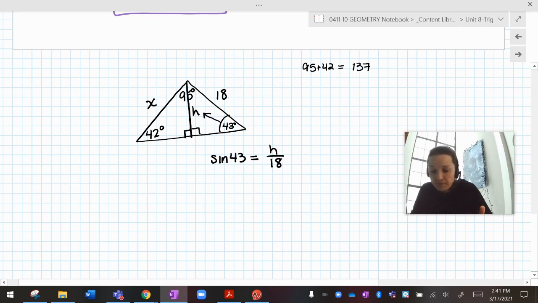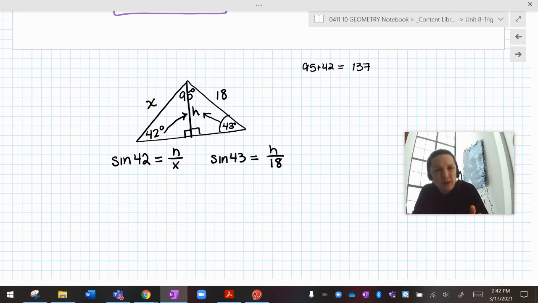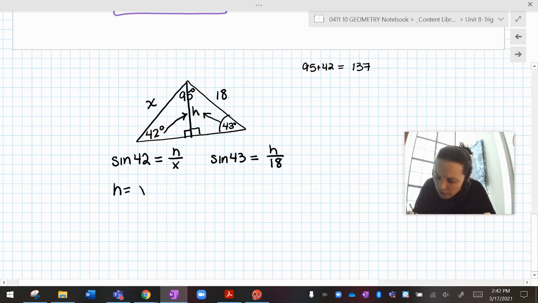And then I can use this 42 with h and say that the sine of 42 equals h over x. Those both have an h in them, so I'm going to solve them both for h. So h equals x times sine 42, and h equals 18 times sine 43.